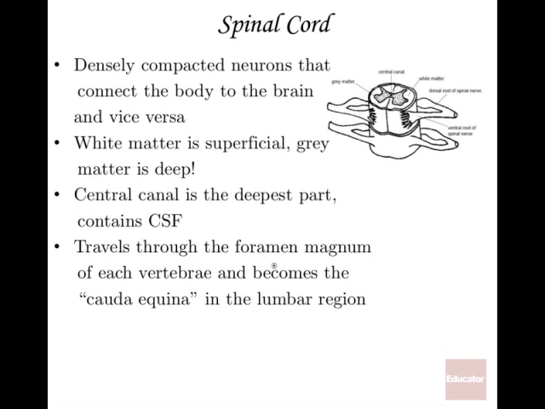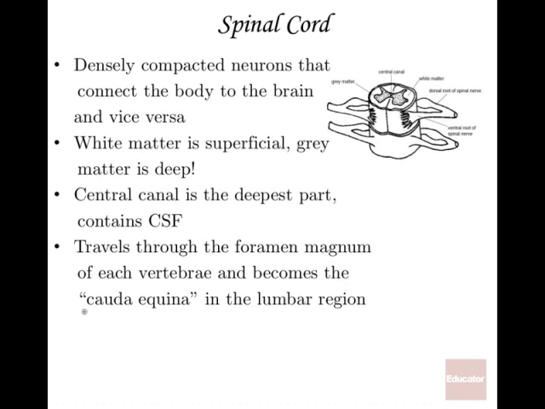The spinal cord itself travels through the foramen of each vertebra, and so together the foramina of the vertebrae contain the spinal cord. When you get down to the lumbar region, those little holes, the foramina, are proportionally smaller, and the spinal cord eventually branches outside of that, and it almost looks like a horse's tail down at the bottom of your back if you were to look at all the extensions of the spinal cord coming out.